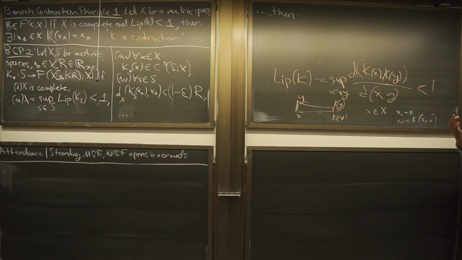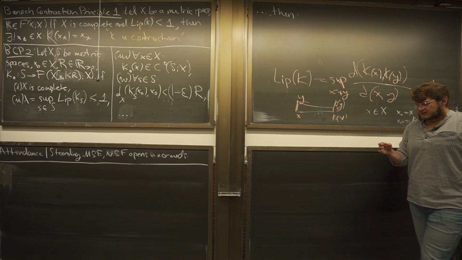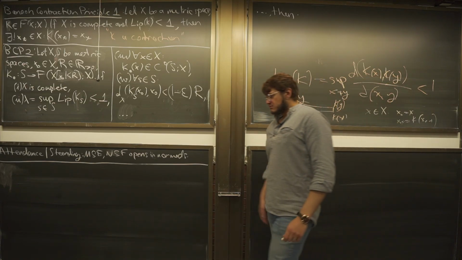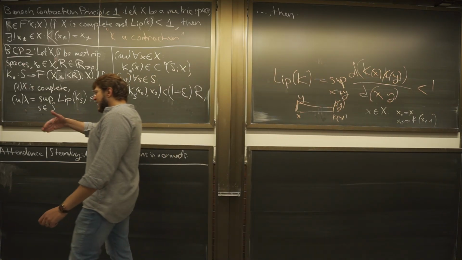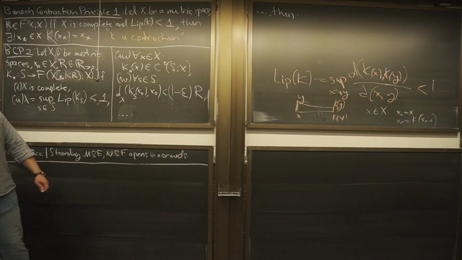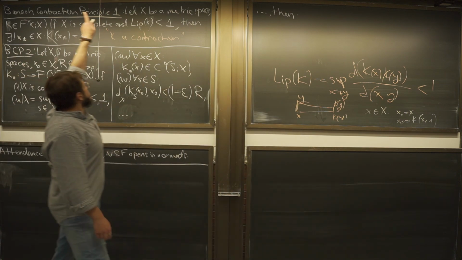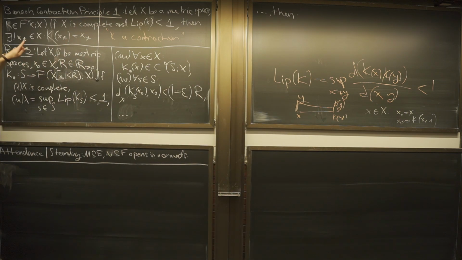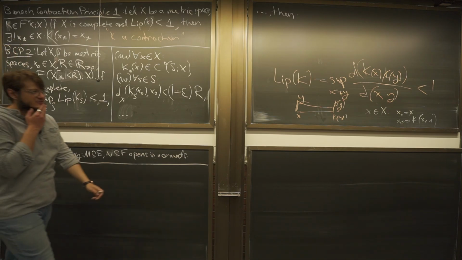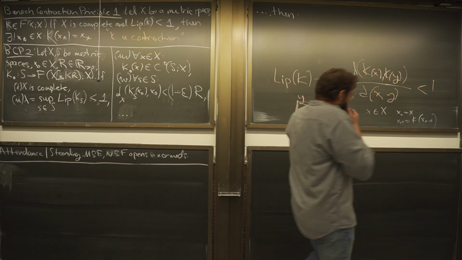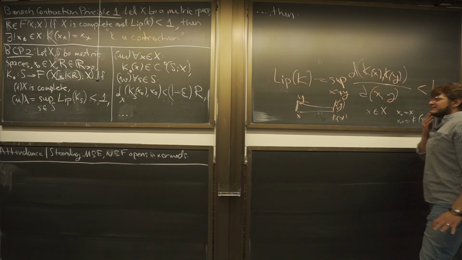So you keep iterating K. You apply K of x, K of K of x, and so on. You show that this sequence is Cauchy, and by your completeness assumption, it has to converge. This is the limit. That's the proof of it. It's not complicated, ultimately. But it takes time to write it out, and that's why I'm not going to write it.